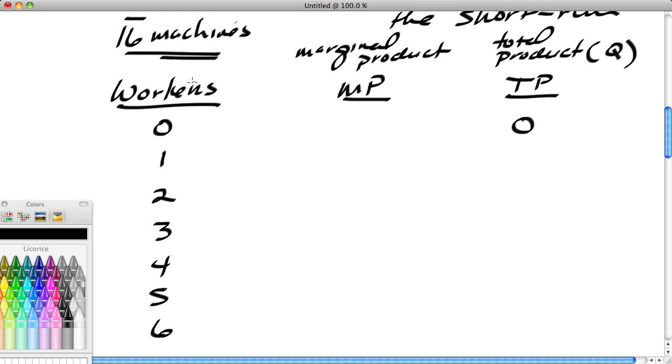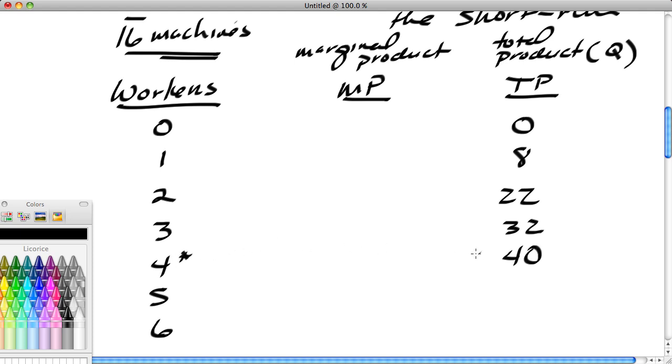The question is when you have 16 machines and 0 workers, how much output do you have? 0. If you have 16 machines and 1 worker, how much output do you have? Let's say 8. These numbers are all being given. 16 machines and 2 workers, let's say you have 22. Uh-oh, that's interesting. We'll talk about that. 3 workers, 16 machines, 32. 4 workers and 16 machines, 40. There's a number we should be familiar with.